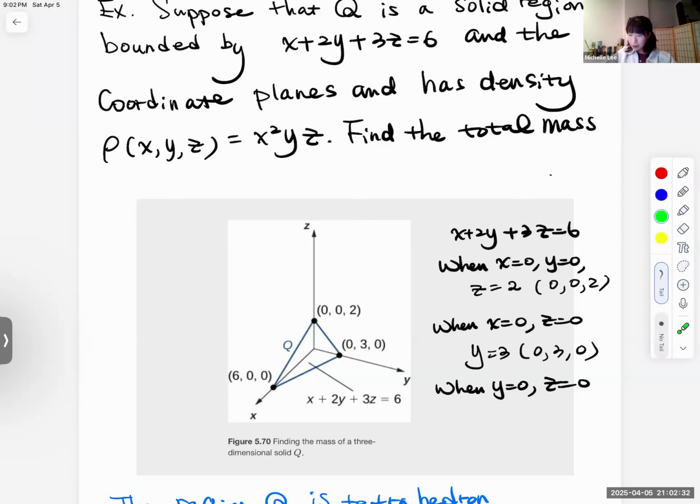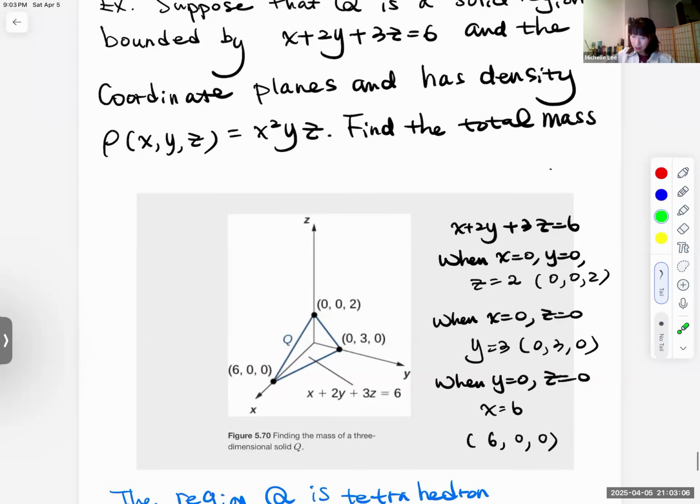Same concept: y equal to 0 and z equal to 0, then x equal to 6. So that's how they found the vertices: 6, 0, 0; 0, 0, 2; and 0, 3, 0.